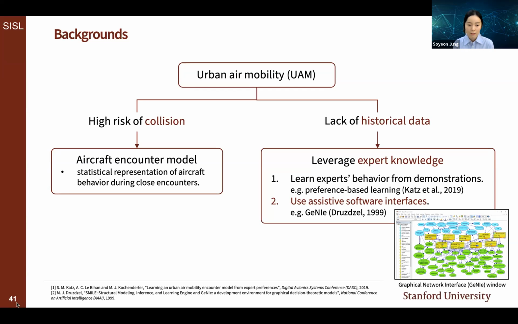Another approach is to have experts build models using assistive software interfaces. Genie is a development environment for building graphical decision theoretic models, such as Bayesian network. We take the second approach.